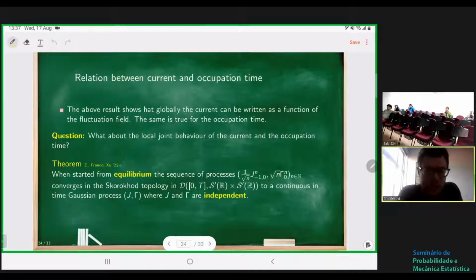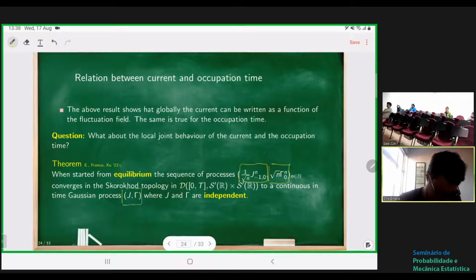If you start the process from equilibrium, then the sequence of processes where the first coordinate is the current between -1 and 0, and the second is the occupation of the site 0, converge to some joint process, J and gamma, where J and gamma are actually independent.